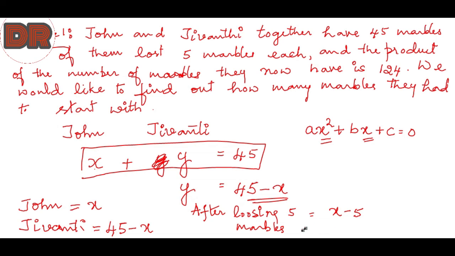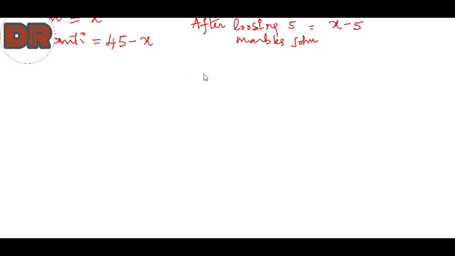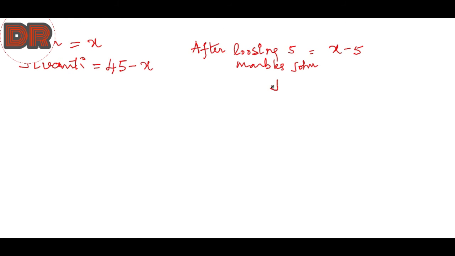This is John's count. Now what is Jivanti's count? Initially she had 45 minus x, now she lost 5 marbles, so this becomes 40 minus x. This is the count at present.